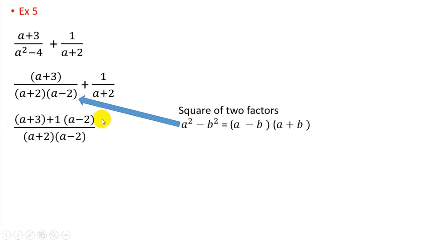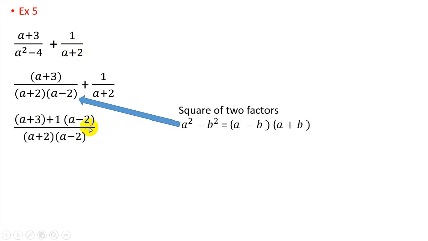And the second fraction, a plus 2 into a minus 2 divided by a plus 2, which means a plus 2 gets eliminated, a minus 2 remains, so that a minus 2 you multiply by 1. So 1 into a minus 2 is the second numerator for this fraction.